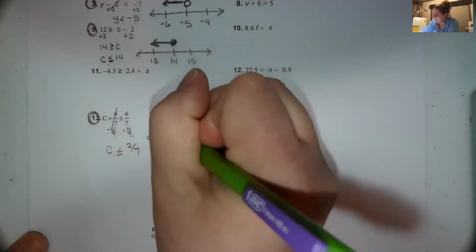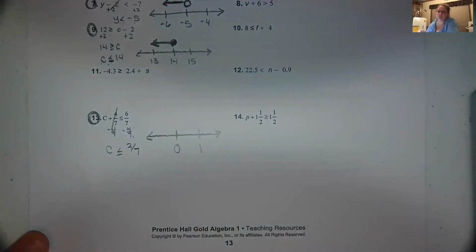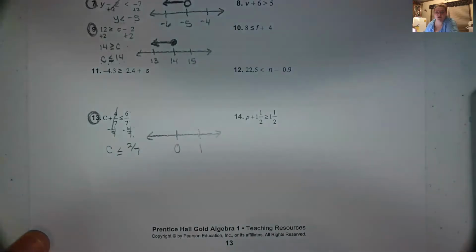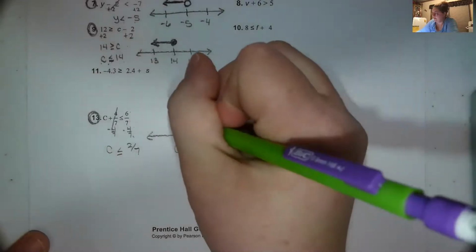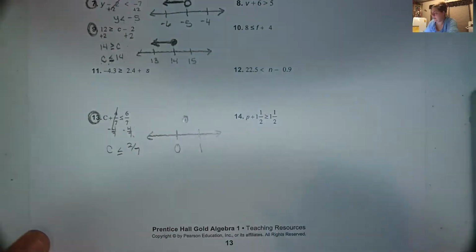So I'm actually going to put both of them on here. I'm going to put 0 and 1. Okay, 2/7 is going to be closer to 0, right? So it doesn't have to be perfect, okay? It just has to be in between there. Now, open or closed circle, it's a closed circle. Okay, and because it's between just 0 and 1, I'm just going to leave that.